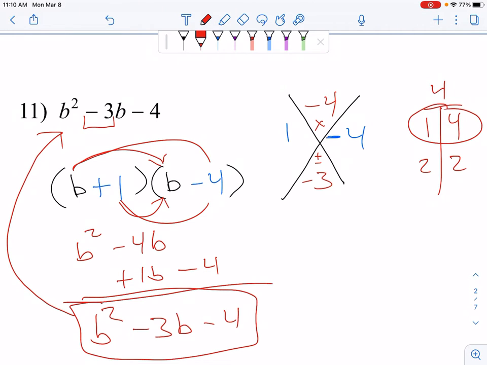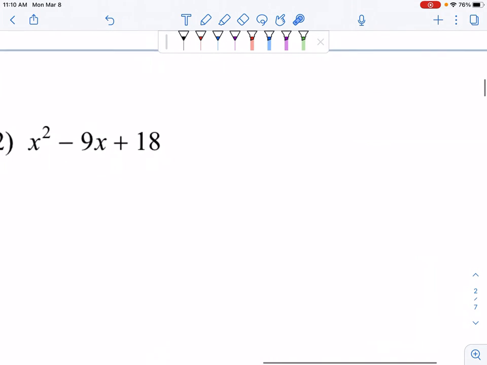So I'm breaking this trinomial down into what multiplied up to make it. So 1 and -4, when we do the big X, that's how we do the work to find our answer. So let's take another example here.